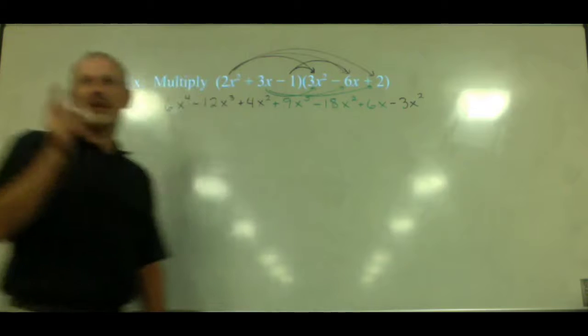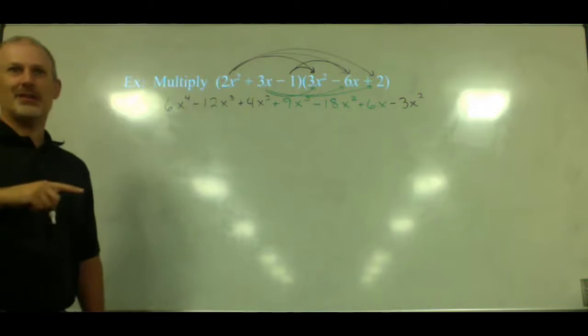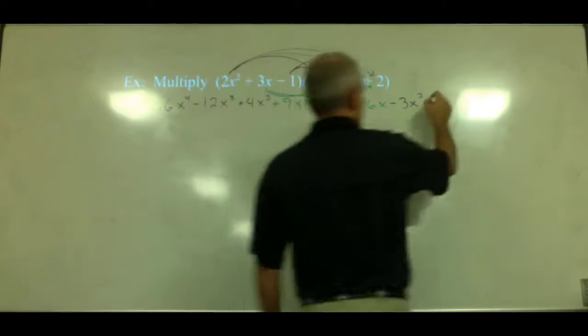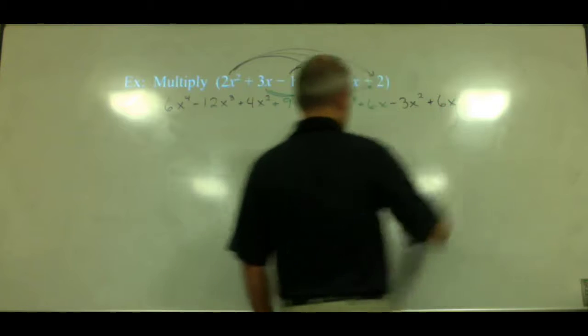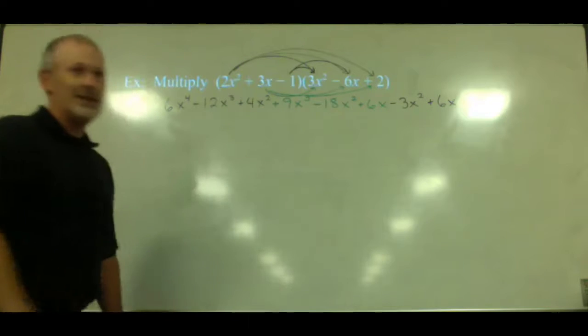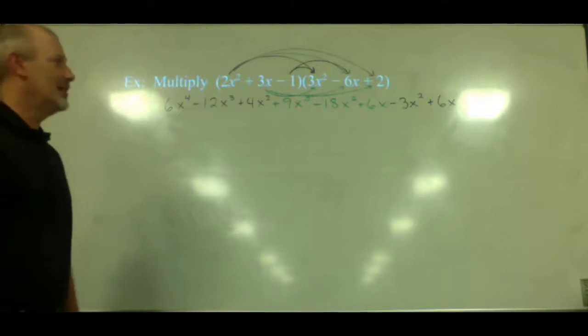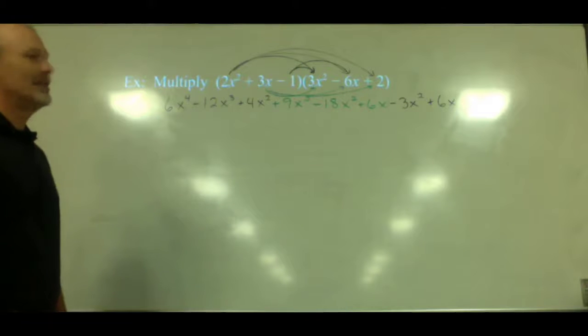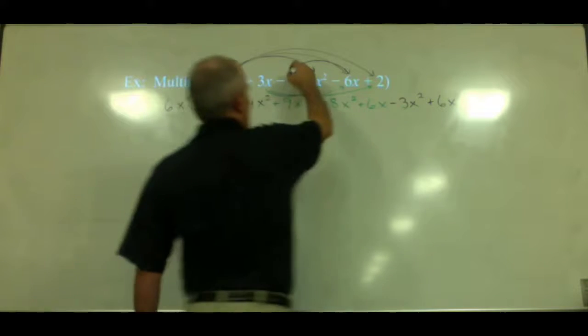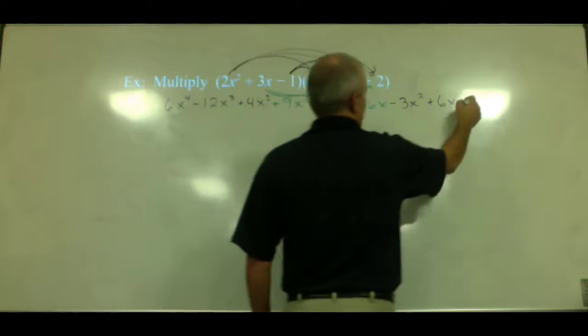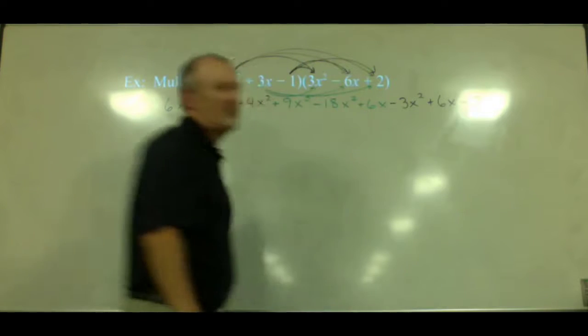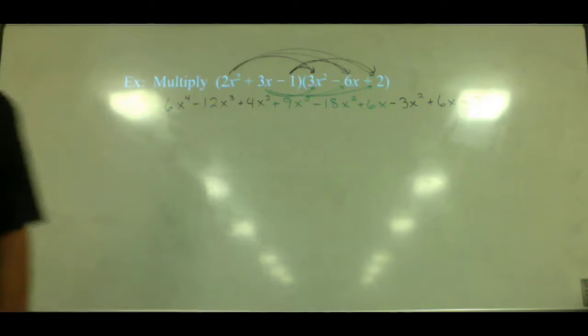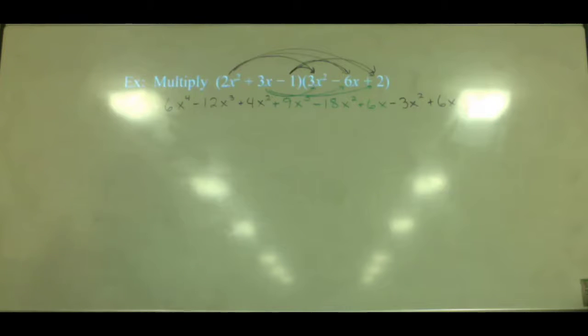Now, negative 1 times negative 6x will be what? Plus 6x. And then finally, negative 1 times 2 gives us minus 2. Don't lose the negative.